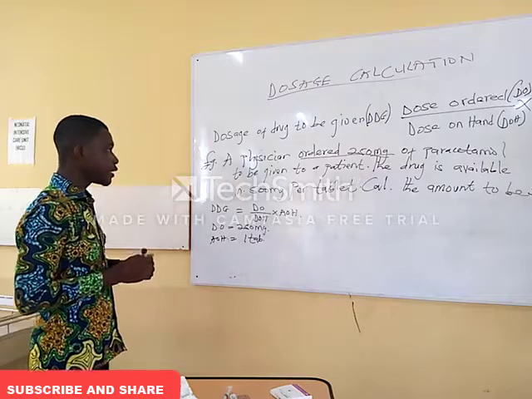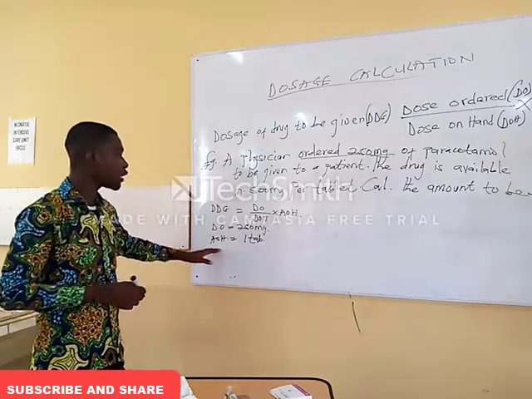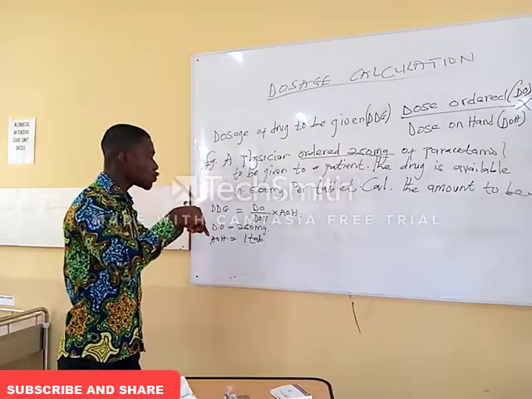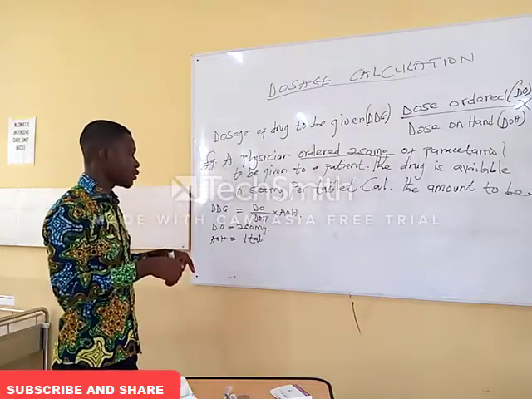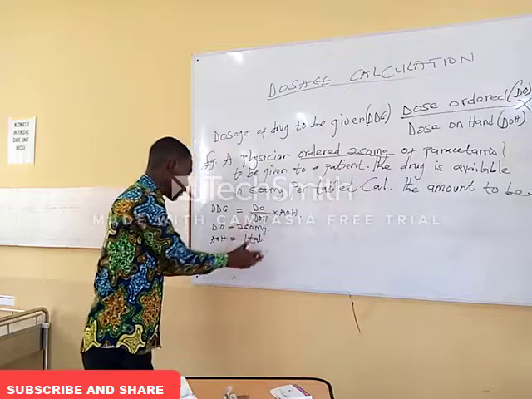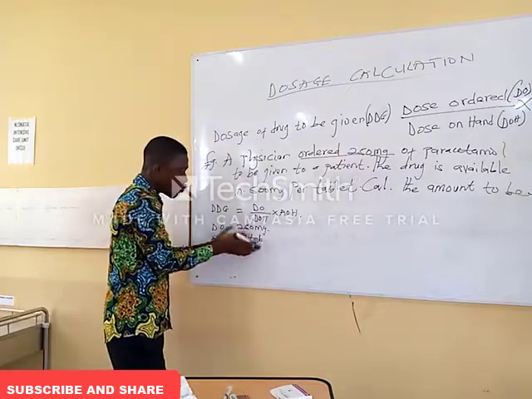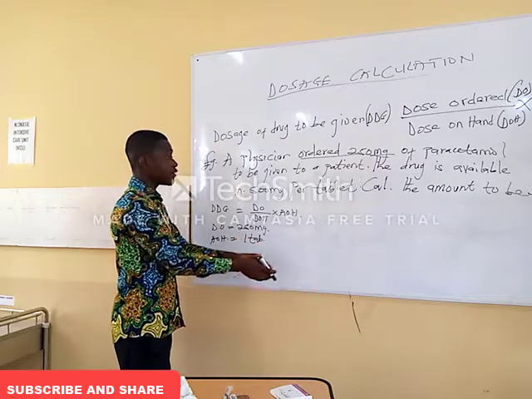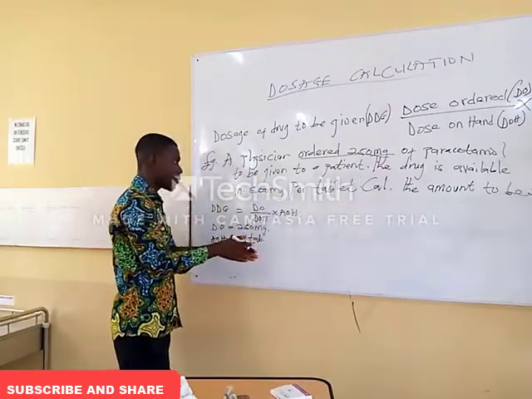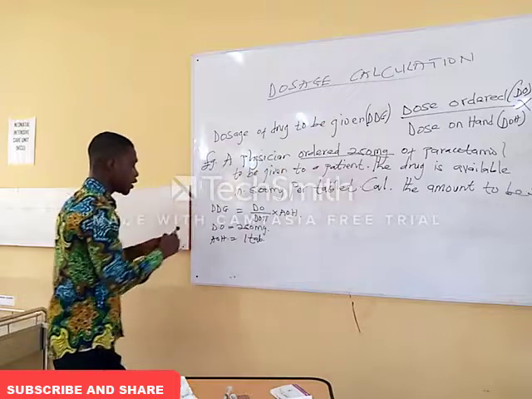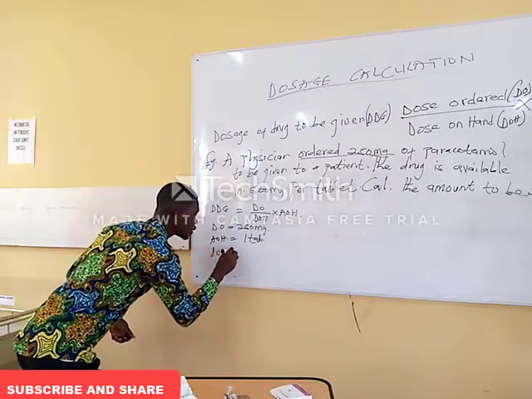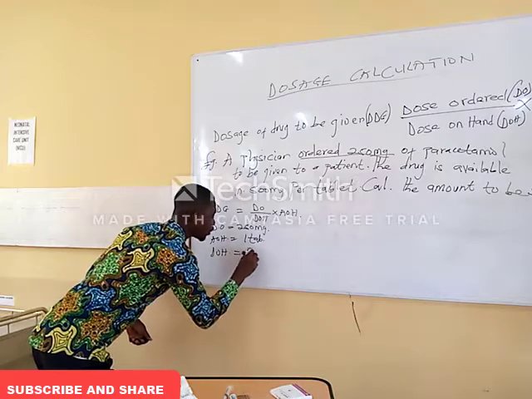And then we said the amount on hand contains the dose on hand. The 1 tablet, the weight of it, the mass of it, is the 500 mg. So that becomes the dose on hand. So DOH is equal to 500 mg.